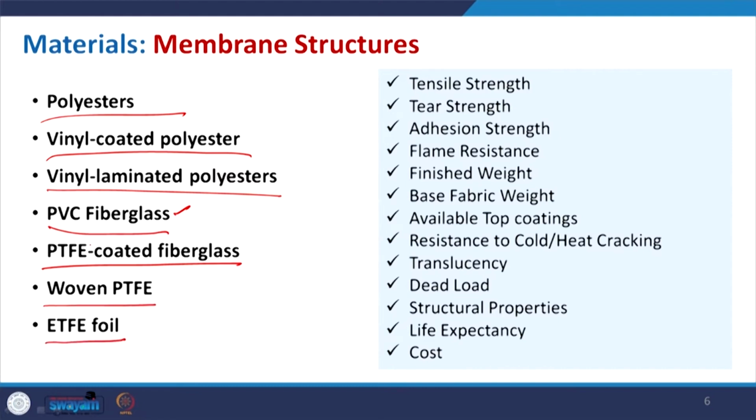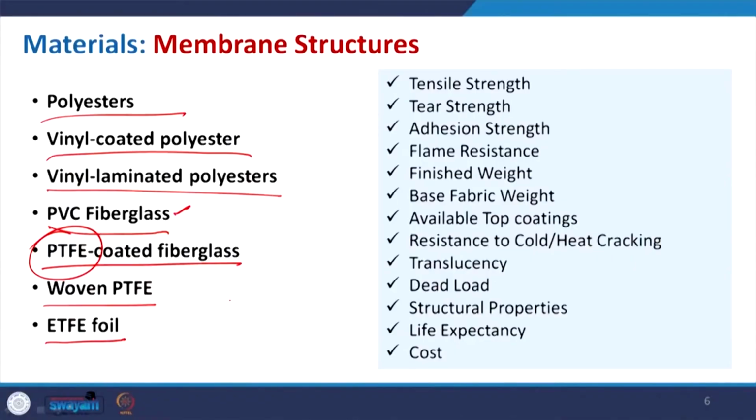Now, what exactly is PTFE? That is polytetrafluoroethylene, this is the full name of that. These have a better response towards extreme variation of the weather, and also they are very useful materials having better resistance against heat and cold, cracking and all.